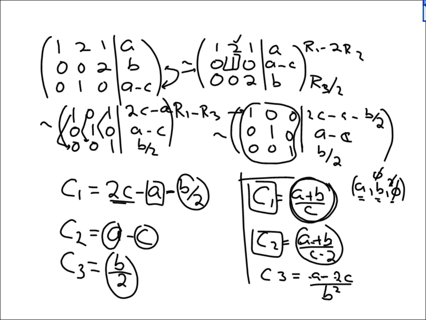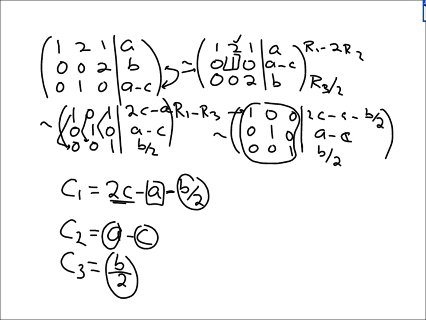Okay, so here it is. We were able to find C1, C2, and C3. And most importantly, or just as importantly, it is always well defined. It is always well defined. It is absolutely well defined. So what we can say is, yes, the span of vector 1, vector 2, vector 3 does equal R3.